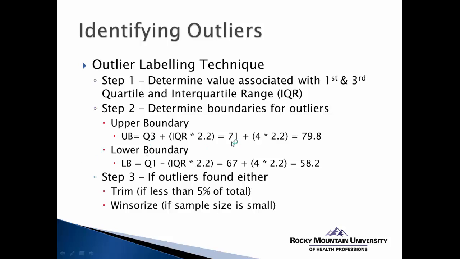So in order to figure out that upper boundary, here's our third quartile score of 71. To that, we're going to add the product of the interquartile range of 4 and that 2.2. That gives us an upper boundary score of 79.8. What that means in practical terms is that if a score in our data set is greater than 79.8, then we can consider that to be an outlier.